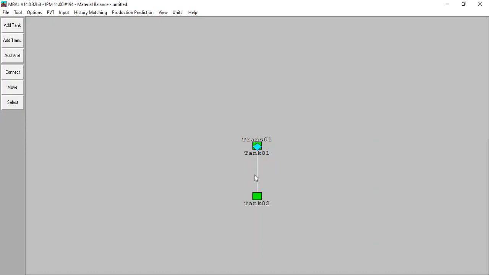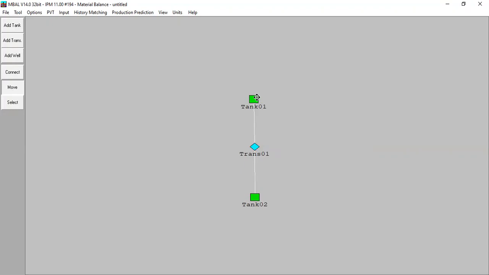Okay, so this is our model. I have tank 1, I have tank 2, and they are connected with this transmissibility. Or I will move tank 1. It's better. Okay, so tank 1 and tank 2 are connected with transmissibility.